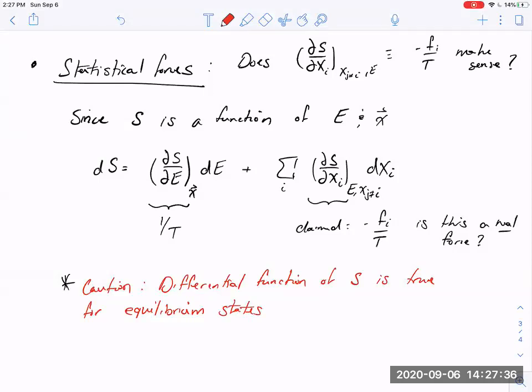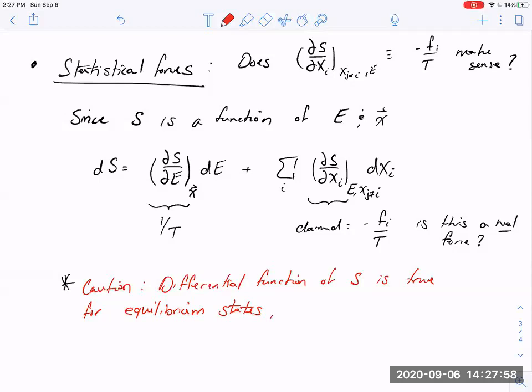Indeed, our derivation of the first law imagined that the probability distribution for a microstate was given by that Boltzmann form. These sorts of differential relationships require that we're moving between equilibrium states.